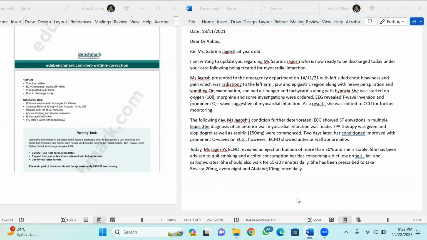So I'm mentioning here that today she has been advised to quit this, besides consuming a diet low in fat, salt, and carbohydrates. She should also walk for 30 minutes, and she has been prescribed to take Rovista.